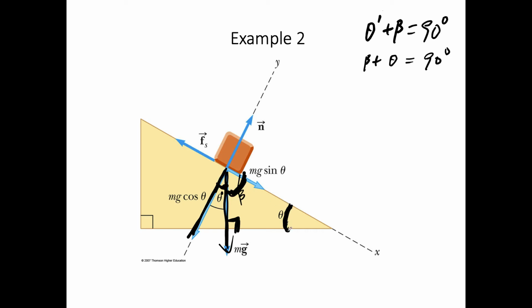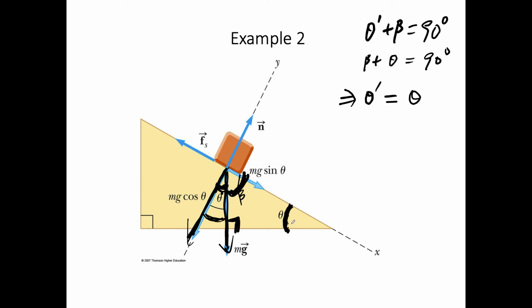So we have theta prime equals theta. This angle, between the negative y direction and mg, has to equal the angle of the ramp.